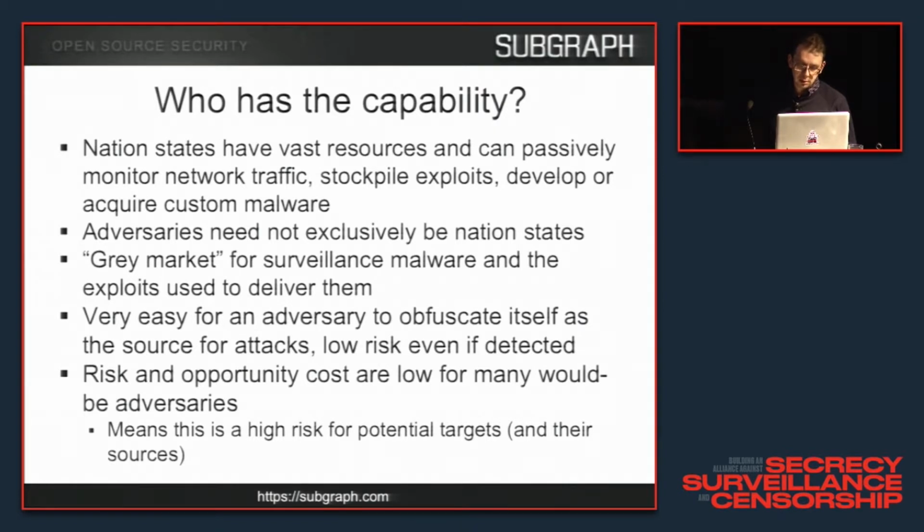It's a gray market, and it's very easy for an adversary to hide who they are. So if you're a journalist or an activist facing an adversary, you're up against any potential adversary with the resources to go out and buy this malware. It's a high risk for the potential targets, including journalists, which puts their sources at risk.